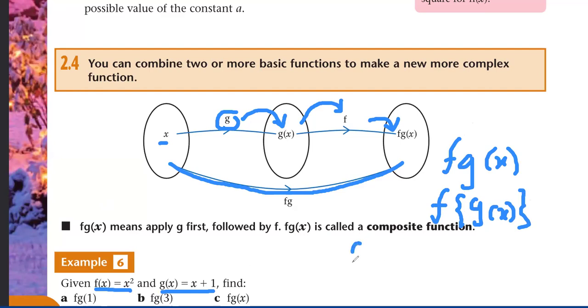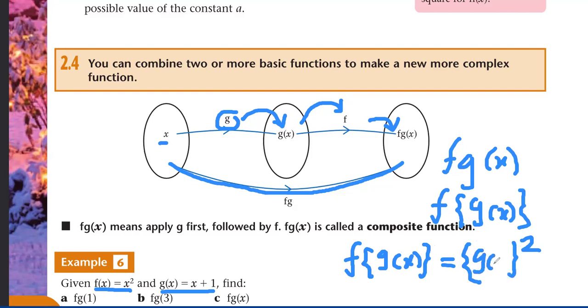f(x) is x squared now. Therefore, f(g(x)) is x squared like this. But this time, x changed to g(x).